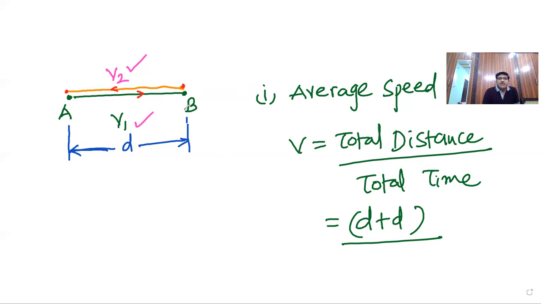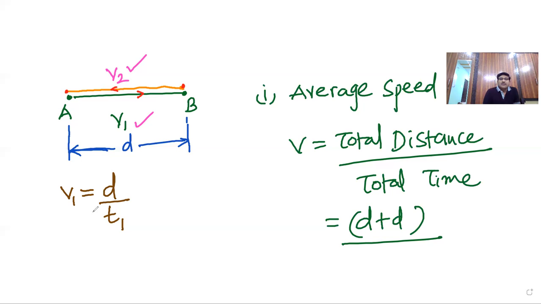First A to B at a speed of v1, and the distance is D. What is the definition of speed? Distance by time. Let us say T1 is the time.